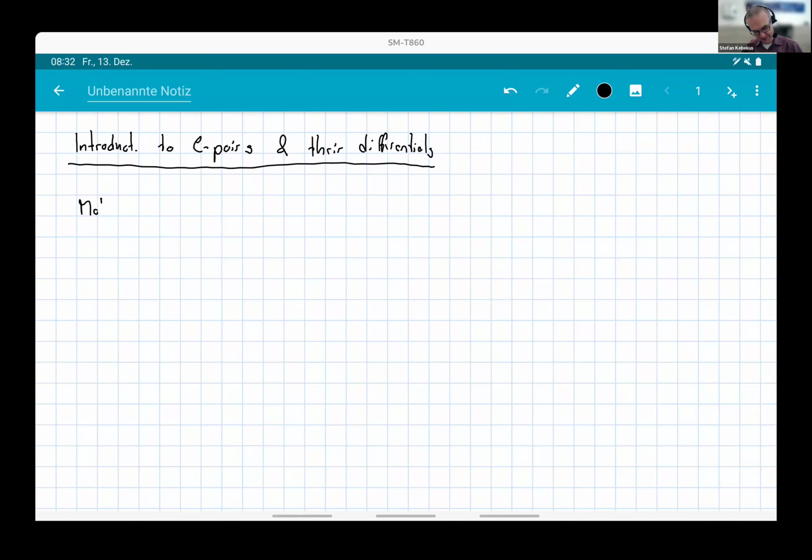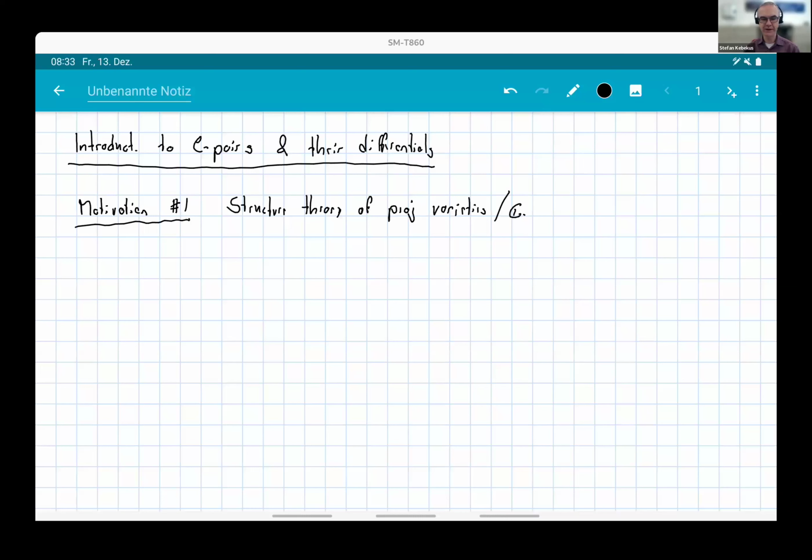So motivation number one is structure theory of projective varieties. And I'd like to look at projective varieties over the complex numbers.